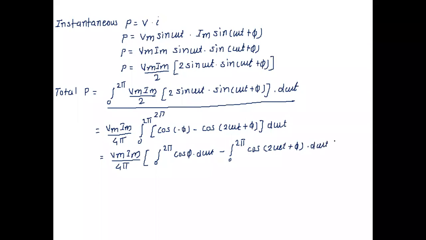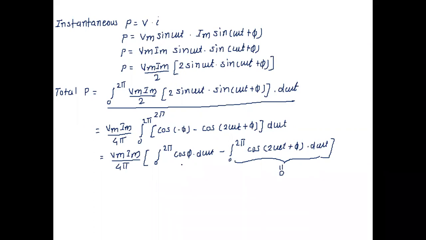This is in one bracket. So if you calculate the integration of this second term, it's a sine 2 pi, and sine 0 and sine 2 pi, it's a 0. So this second term is always equal to 0.